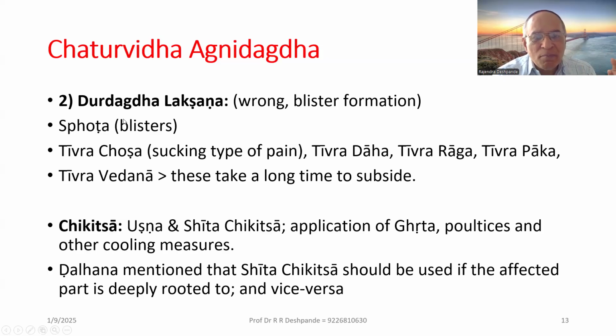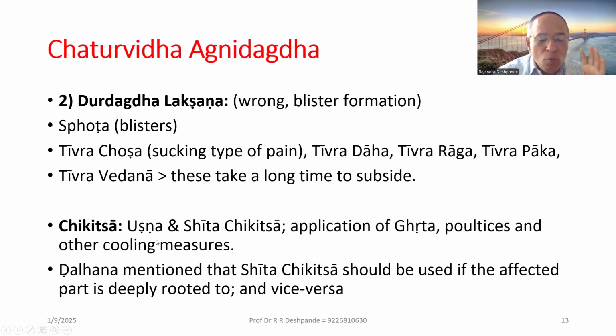It's a badly done Agnidagdha, so blisters are there, and severe sucking pain and burning pain, inflammatory changes, redness is there, like rubor, calor, dolor. Here we have to give the Chikitsa, Ushna and Shita Chikitsa alternately, application of Ghrita, application of Potis, and other cooling measures.